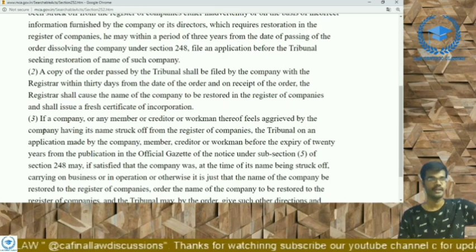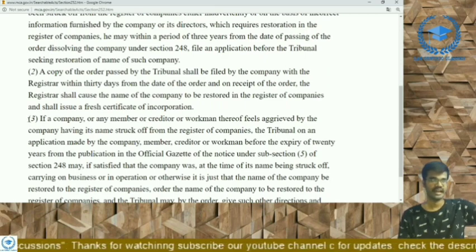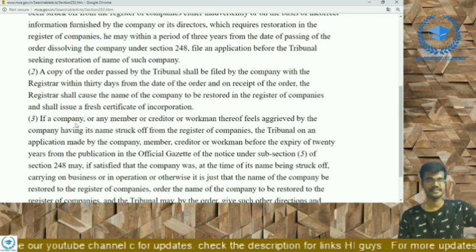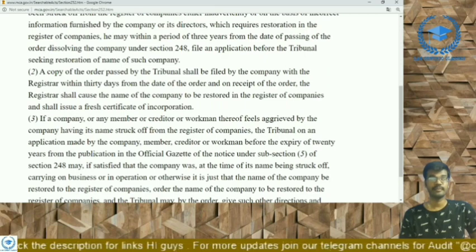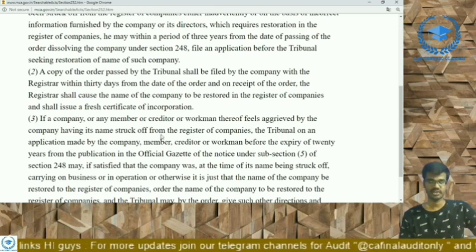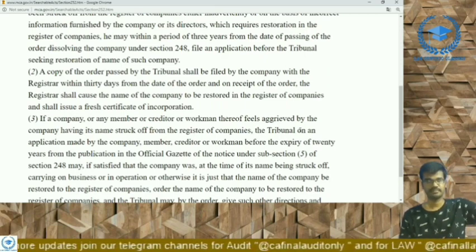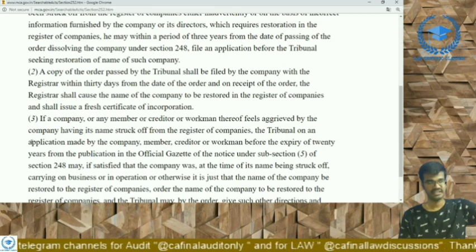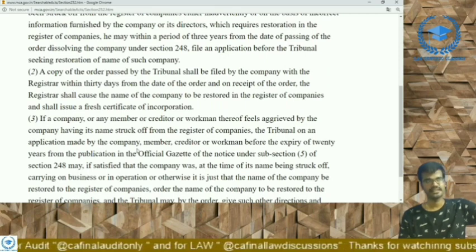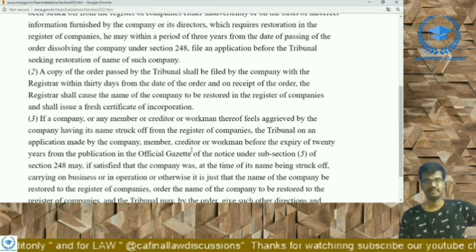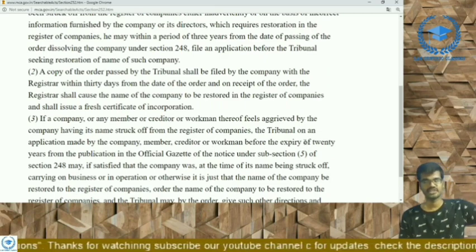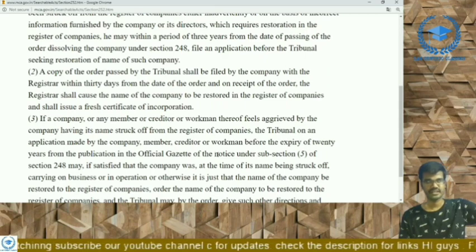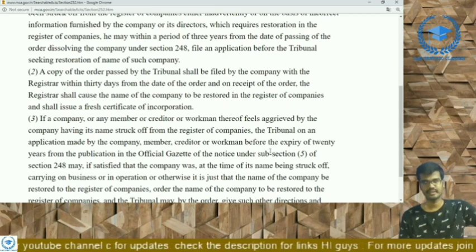And coming to the last subsection of this particular section, if a company, the 4 parties, company, member or creditor or workman feels aggrieved by the company whose name was struck off from the Register of Companies, the tribunal on an application, here the word used is application, made by the company, member, creditor or workman, before the expiry of what? 20 years, huge time period is there, from publication in the official gazette, that is the section 248 removal order.